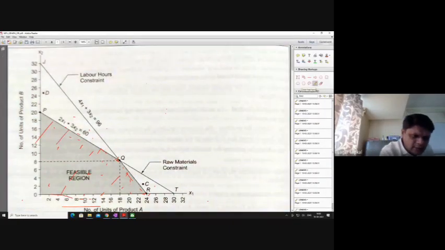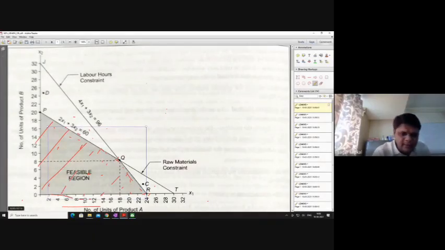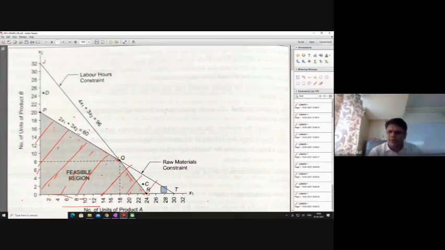This much region is the feasible region. Are you getting this? No, this will not be there.